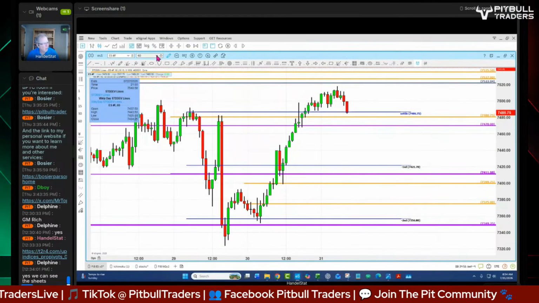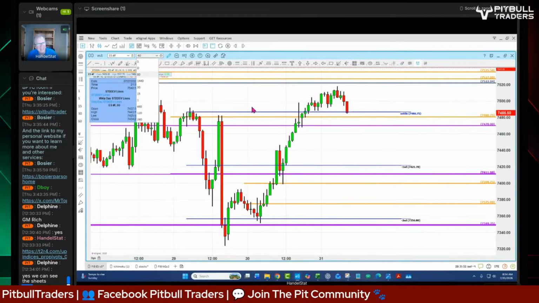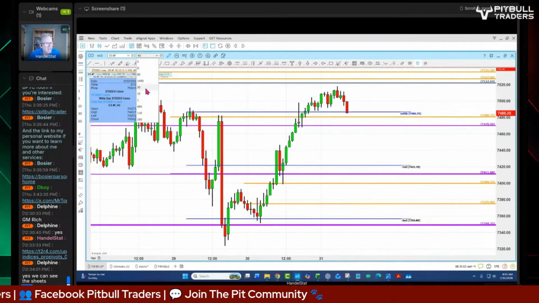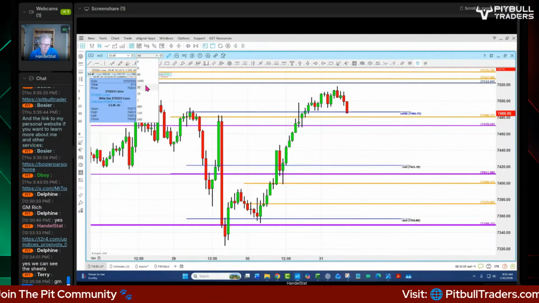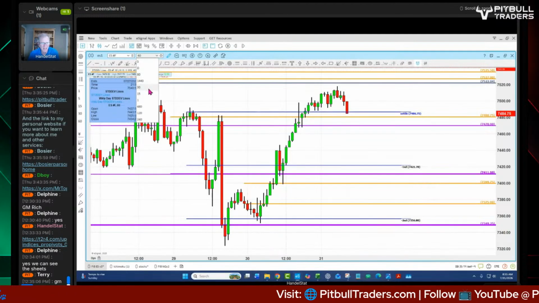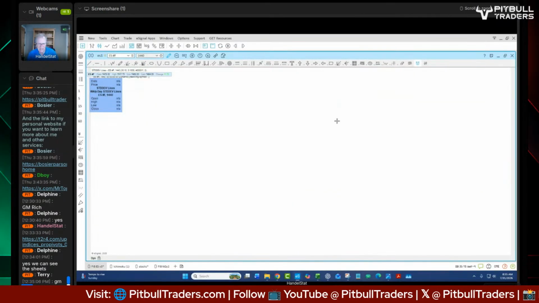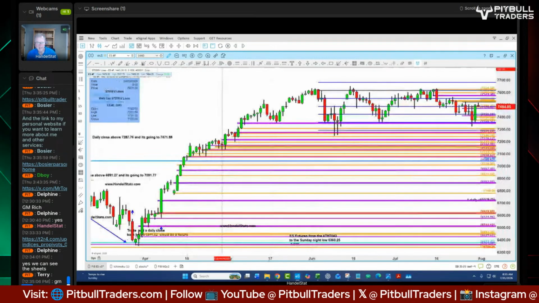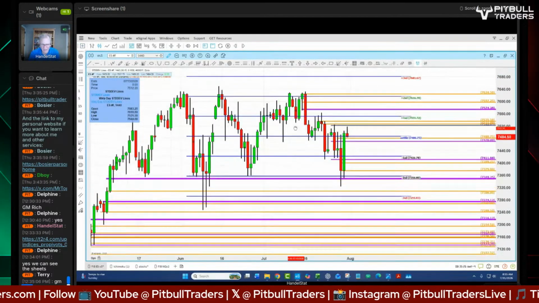So Delphine, I don't know who else is in the room, but I go through this process every day. All my sheets are color coded for my time fractals and some other things, my standard deviation levels. I update these daily, and they give good support and resistance. And they all mean different things.